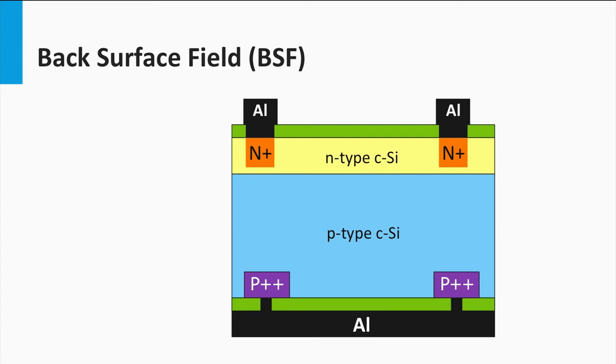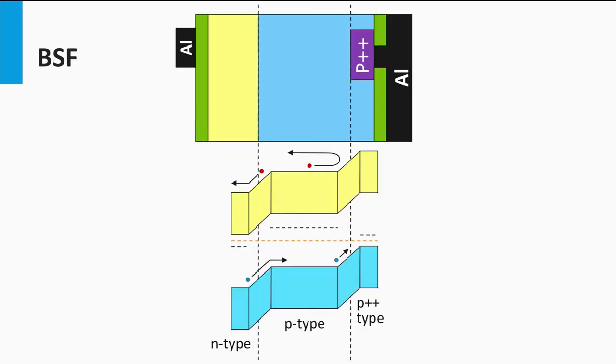How does the back surface field work? For the moment we have put the solar cell on its side. Below the solar cell you see the band diagram indicating the various interfaces. The interface between the lower doped p region and the higher doped p region acts like a PN junction.